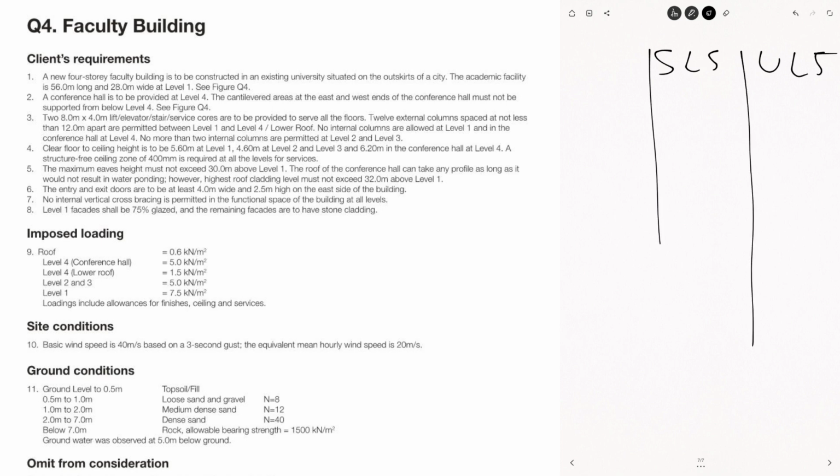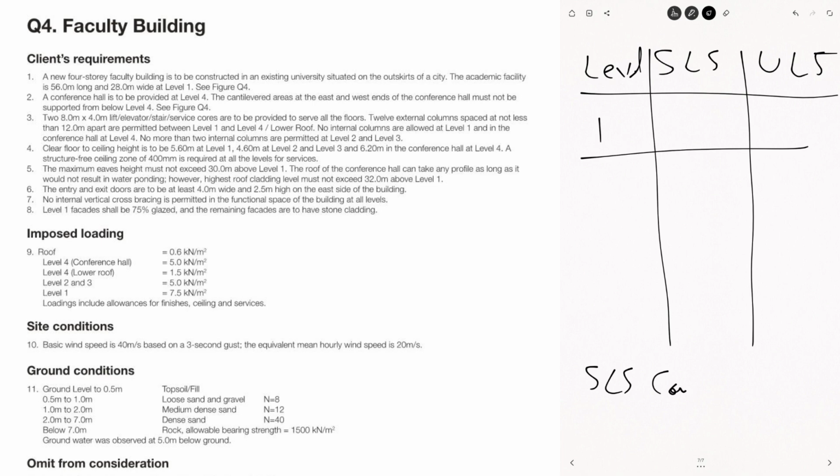Now level 1. For the SLS combination, it's going to be 1 times the permanent load plus 1 times the variable load, and the ULS combination is going to be 1.35 times the permanent load plus 1.5 times my variable load.